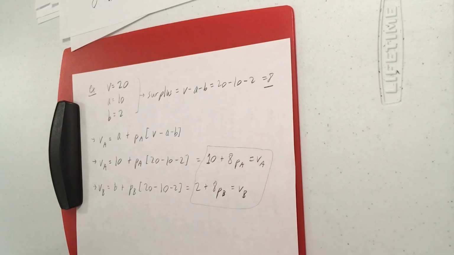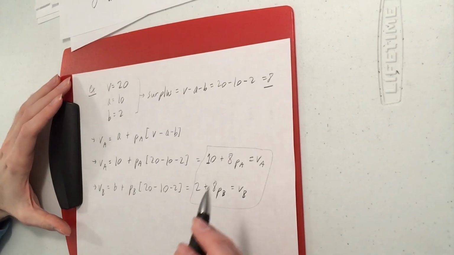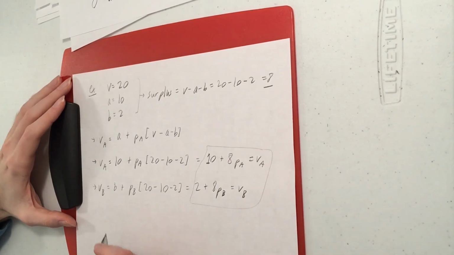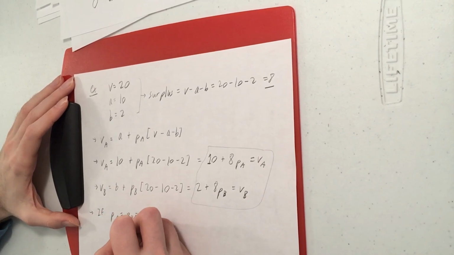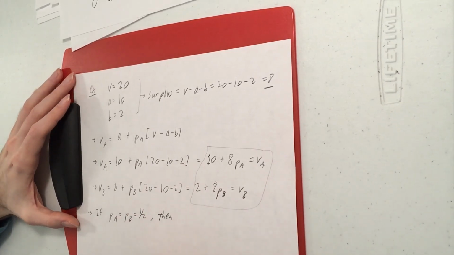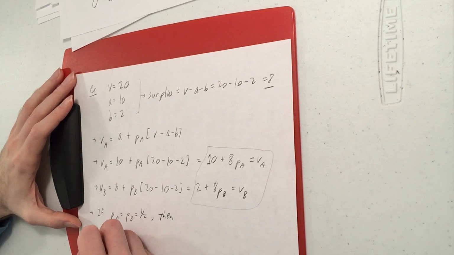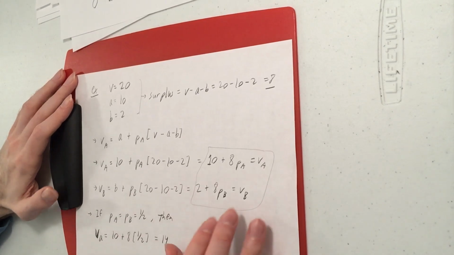So that's the general solution. If you want to impose PA and PB being equal, which again you don't have to, but if you do impose that, sharing the surplus equally does not imply equal outcomes. So in that case, person A gets 14.